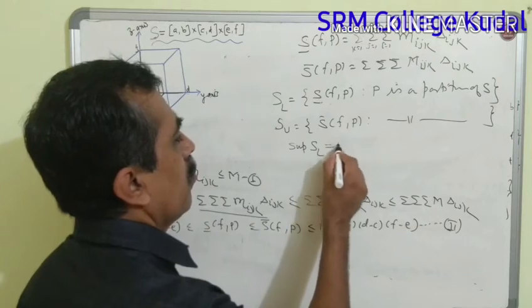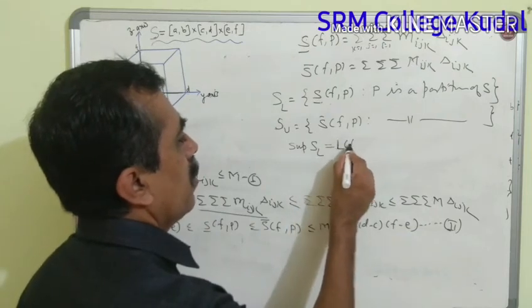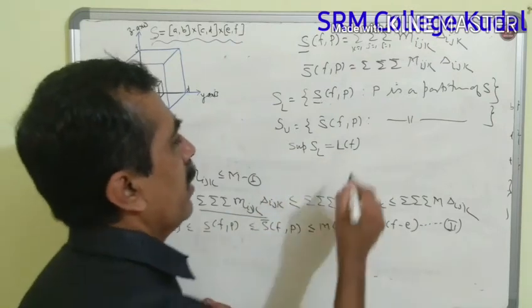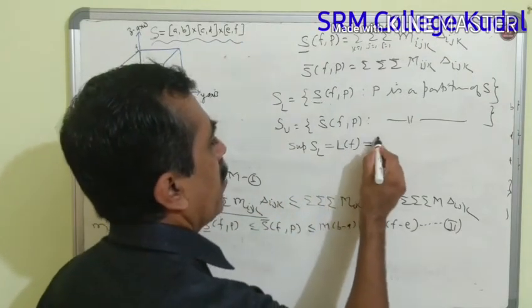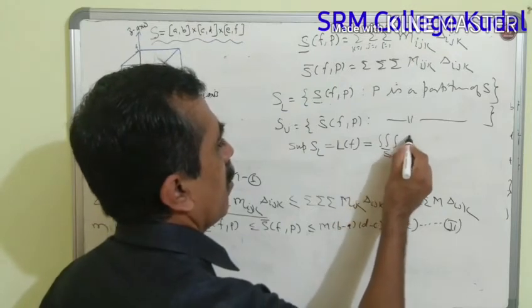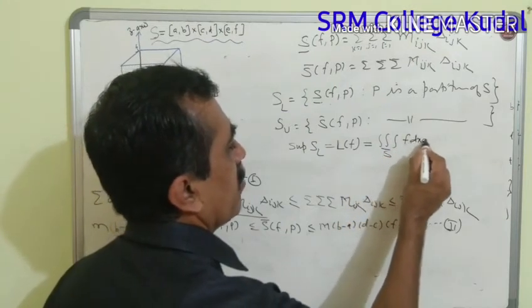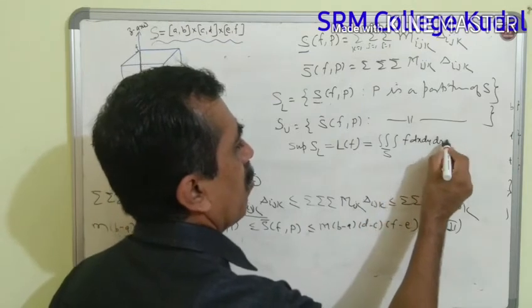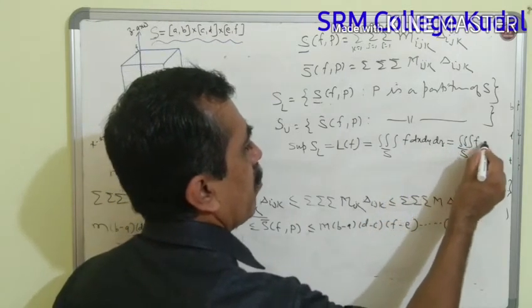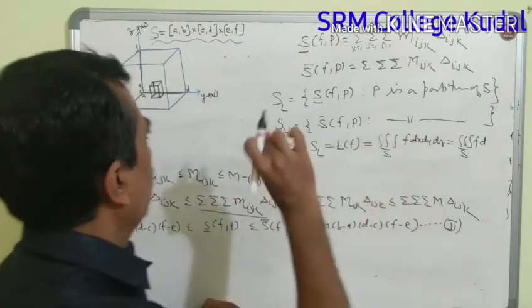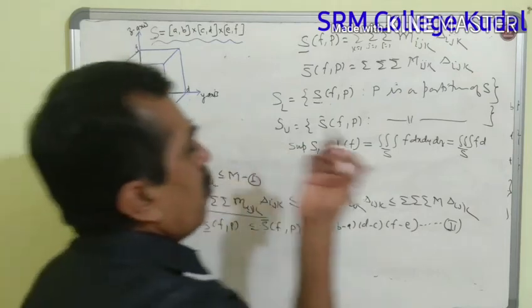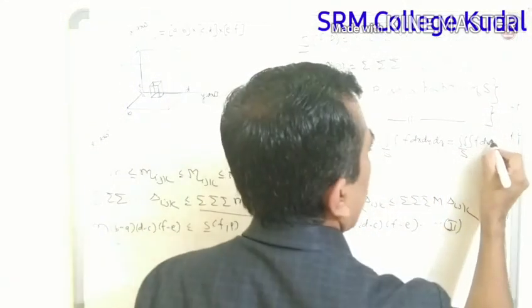Suppose we denote it by this lower triple integral of f, and it is denoted like this: f dx dy dz, or you may write it as lower triple integral f dV, because dx into dy into dz again gives you the volume element, so that is dV.